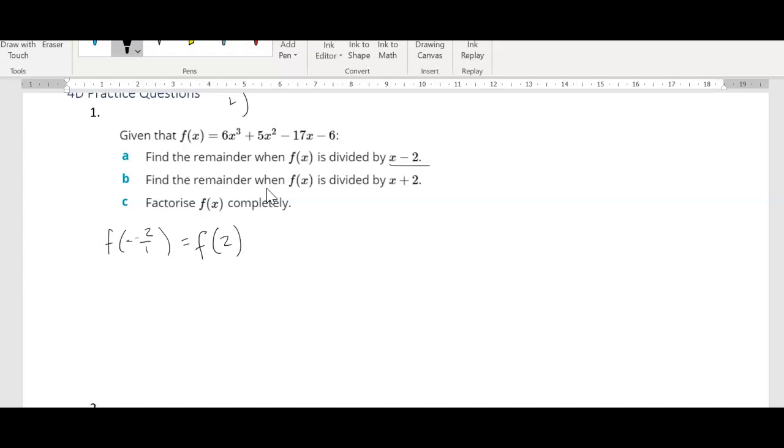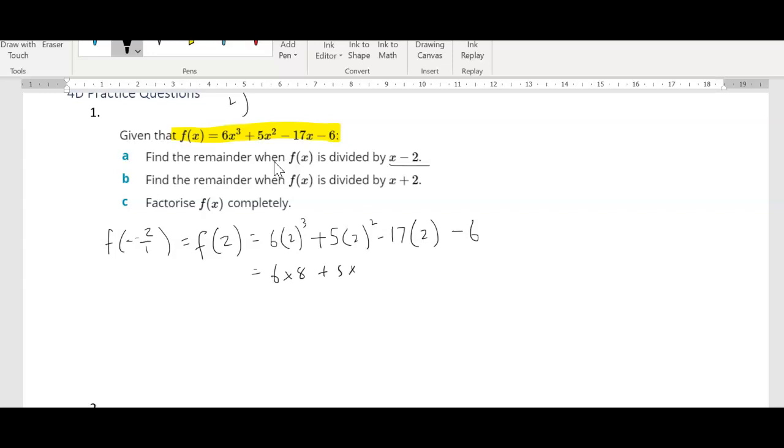So what we're going to be doing is substituting 2 into our expression there. So we're going to have 6 times 2 cubed plus 5 times 2 squared minus 17 times 2 minus 6. If you're wondering what I'm doing, I'm substituting it into this polynomial.